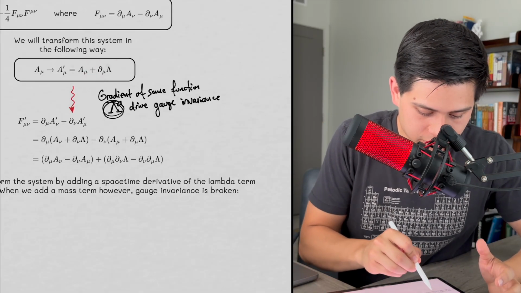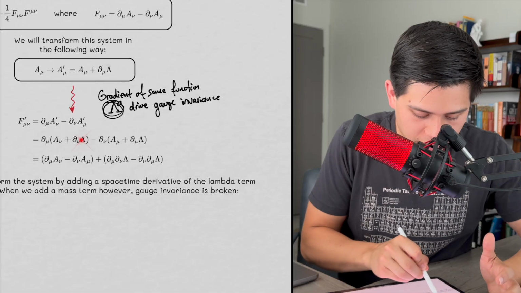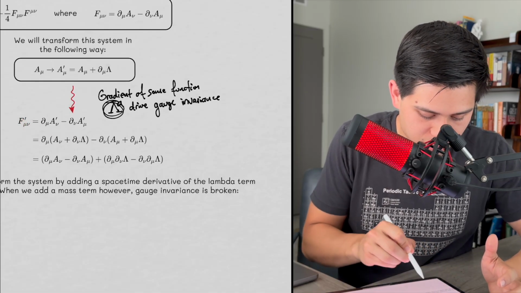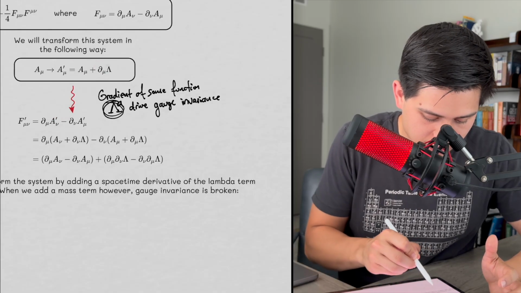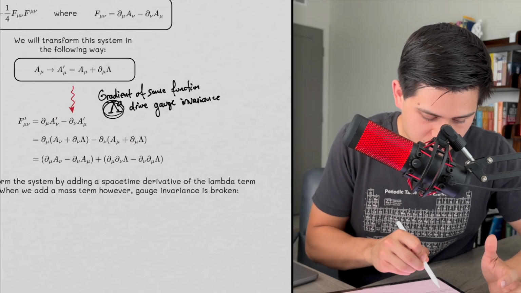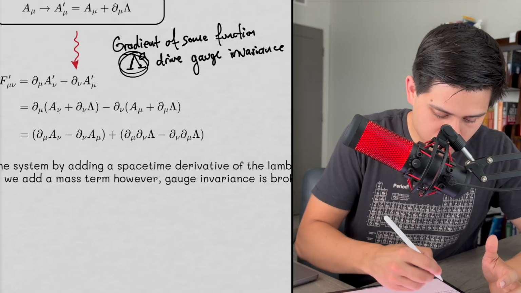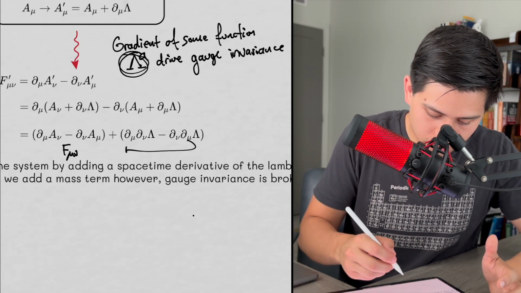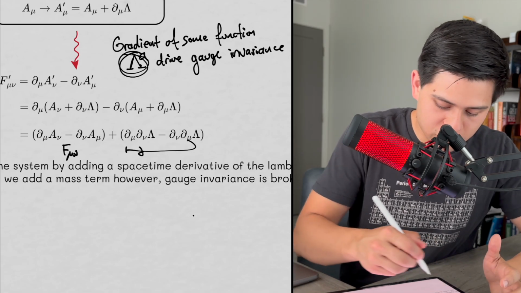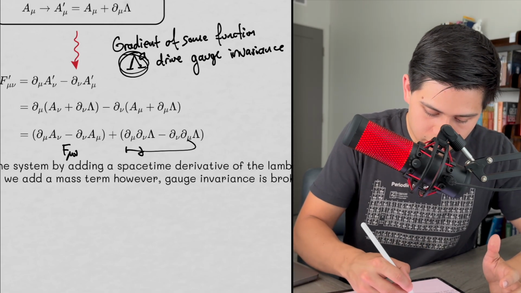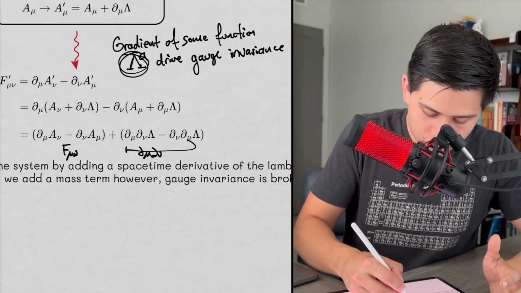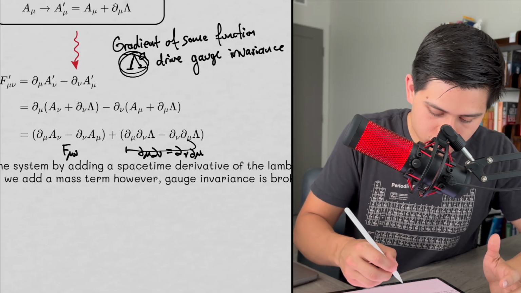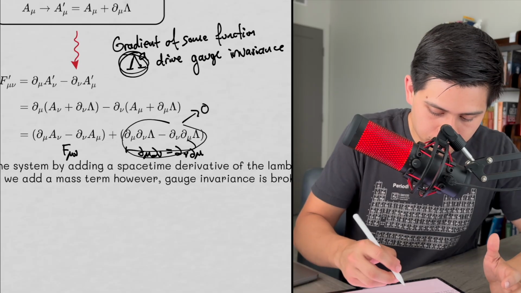So we have this thing. Let's plug this into F prime, A prime. We just plug these things in and we get this. So we recover F mu nu. And for just a scalar function, d mu d nu is equal to d nu d mu, so this bit goes to 0.